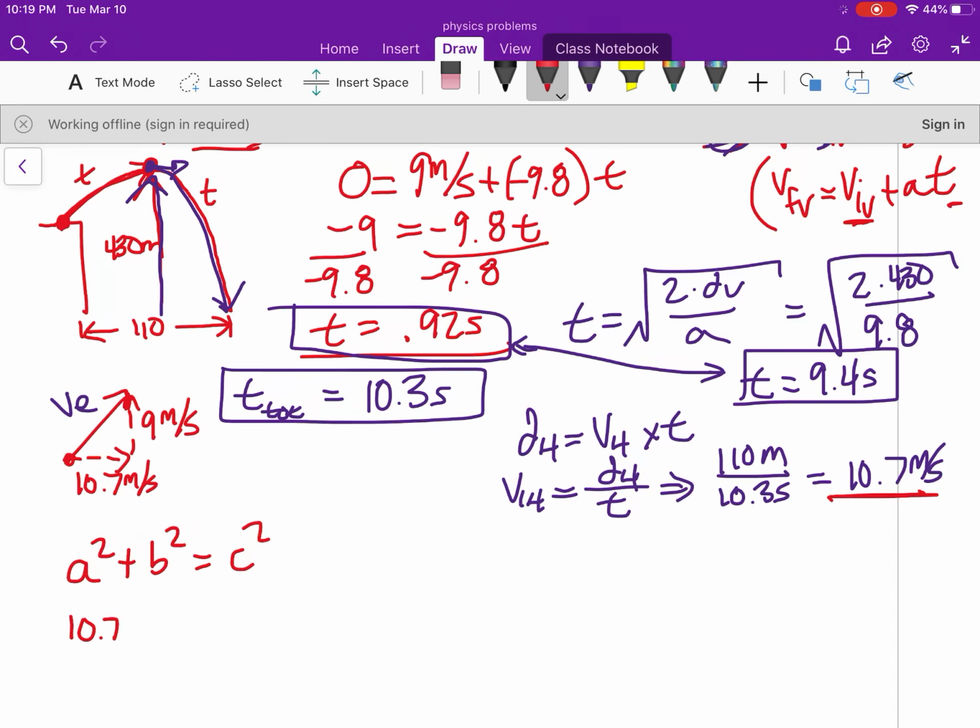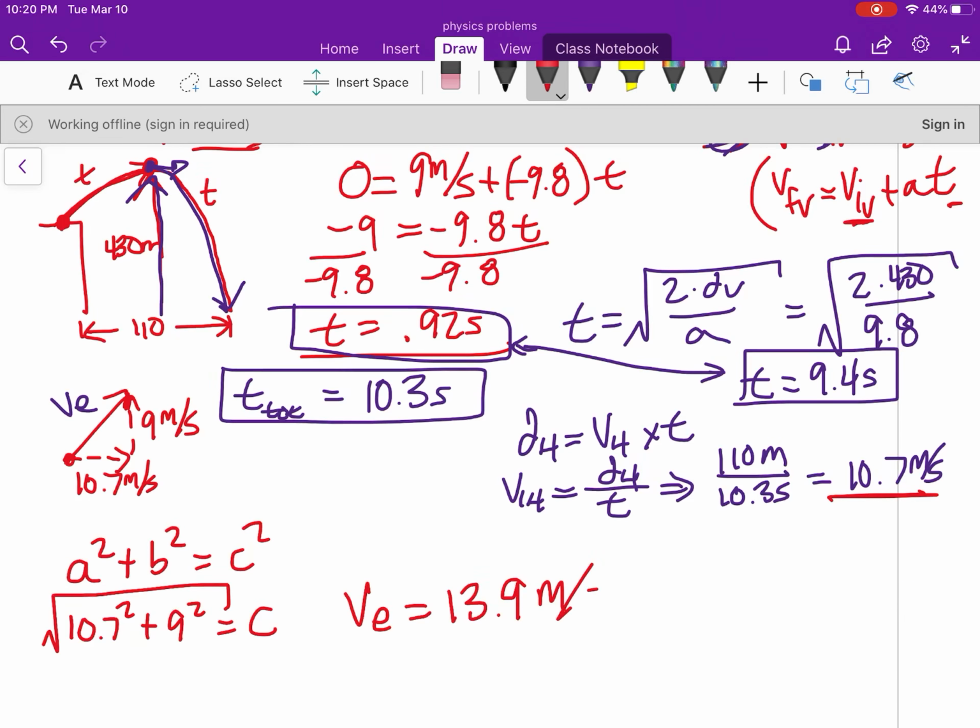So I can do 10.7 squared plus 9 squared equals c squared, right? So 10.7 squared plus 9 squared, take the square root. My exit velocity equals 13.9 meters per second, or you can round that up to 14.